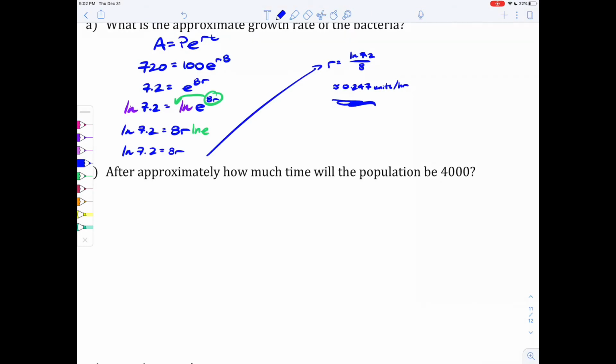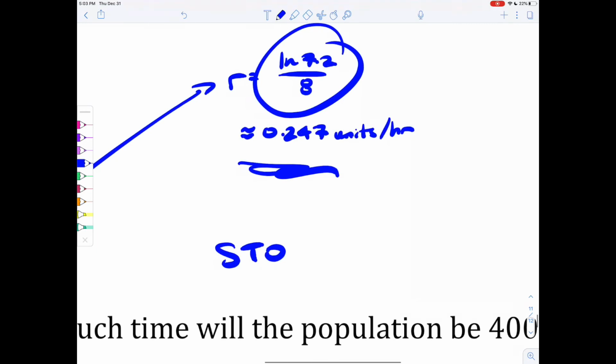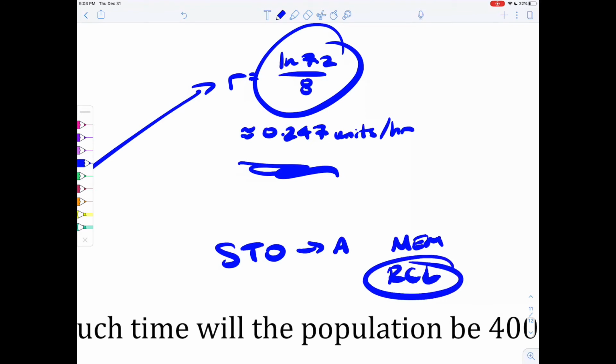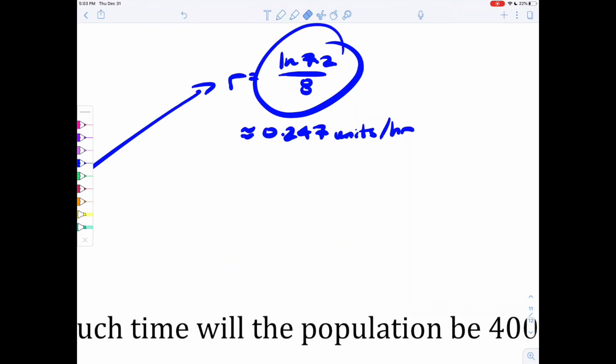If your calculator has a storage button, which might say STO, then you can take your value, like when you say ln of 7.2 over 8, once you have that on screen, press your storage button and store it in some variable, like A or X or whatever variables you have as options, so that you can recall it later using either a MEM button, or an RCL for recall. It's more likely that it has this one. And if you need help figuring out your calculator, let me know, because this kind of thing can make your work much more efficient.